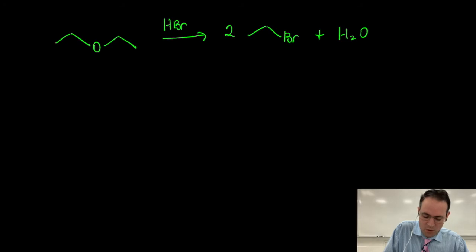Okay, so let's take a look at the reaction mechanism. Let's take diethyl ether and treat this with excess HBr and explain how 2 equivalents of bromoethane and water can be produced.